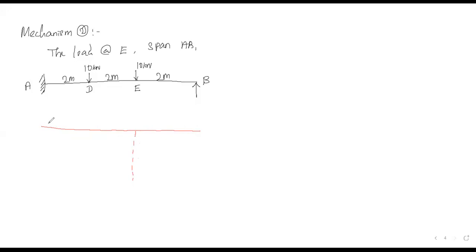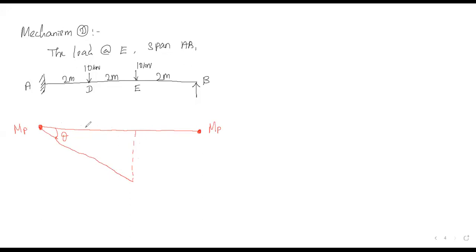So here what is the deflection? This is fixed support. So here I can have plastic moment MP, and this is continuous support. Next to that I can have one support, C. So that I can have the plastic moment here also, and here the slope is theta.